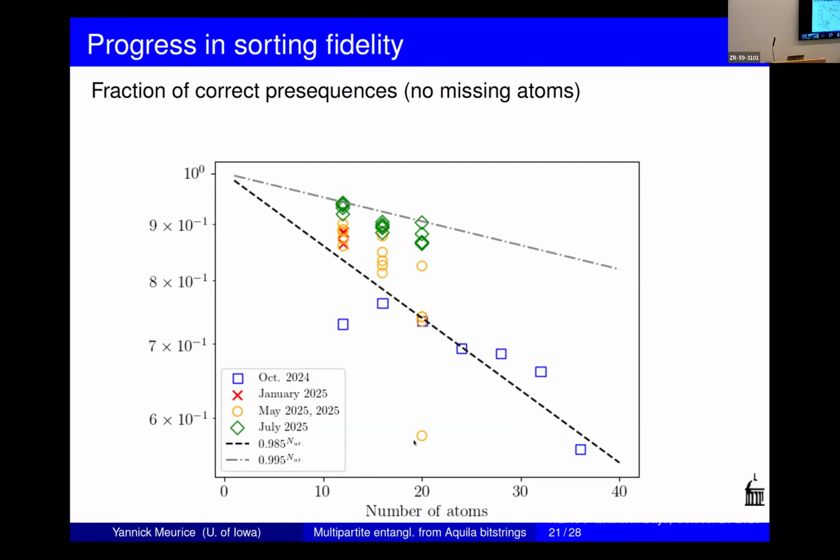And this is the fraction of starting configurations that are correct. As you increase the size, it decreases exponentially, but you see that with time, the team at Aquila has made remarkable progress in getting the sorting fidelity much better.